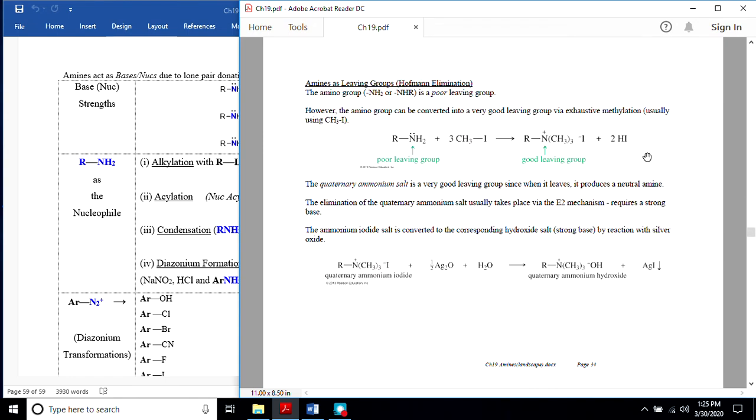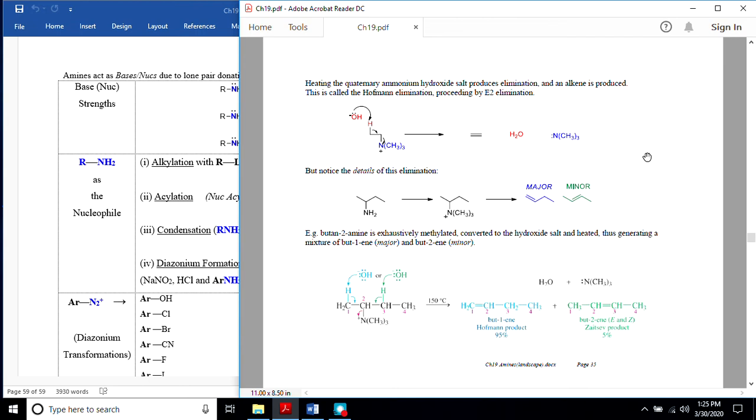And that use is what's called a Hofmann elimination. So a Hofmann elimination converts an amine into a tetraalkyl ammonium salt, and that positively charged nitrogen functions as a leaving group. And that leaving group can be removed along with a proton to give you an elimination reaction.